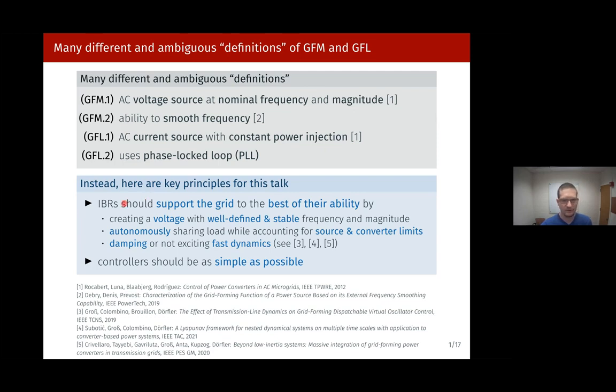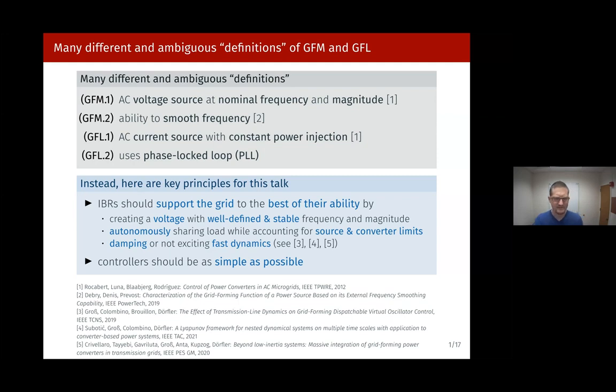First of all, the inverter-based resources should support the grid to the best of their ability. And by this, I mean, they should create a voltage with a well-defined and stable frequency and voltage magnitude. They should autonomously be sharing load while accounting for the source and converter limits. And they should somehow either dampen or at least not excite the fast dynamics. So this is this property that Deepak was talking about a week ago.